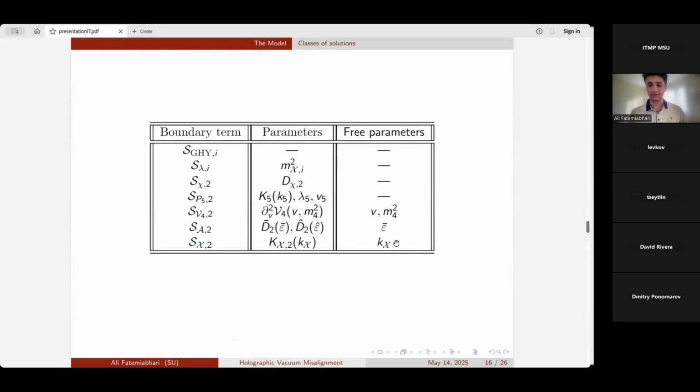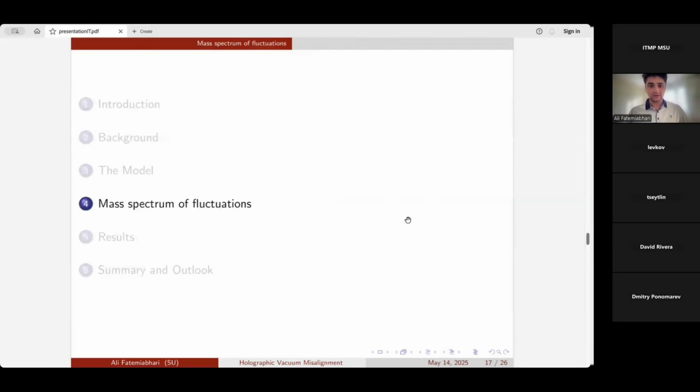I may describe it at the end if we have time. But its specific value is not important as long as it is not zero. So these three parameters will play a crucial role to fit with the data. If there are any questions up to here, I can take them. Then I will go to the fluctuations.